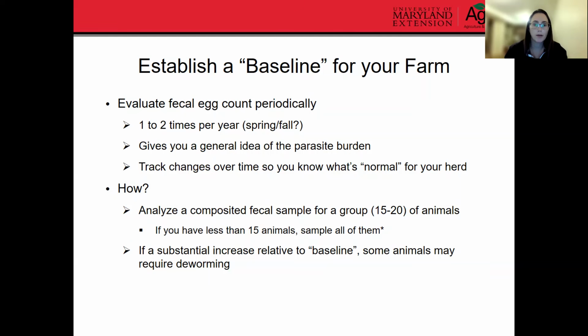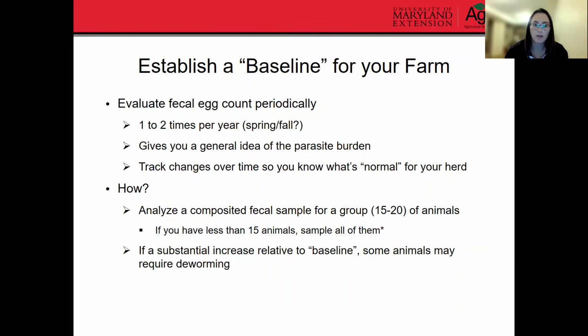How this works is you would send a composited fecal sample for a group of 15 to 20 animals. So you'd be collecting manure samples from a couple of different animals, mixing it all together, sending it to the lab, and they would analyze it for the number of eggs and get that result back to you. If you have less than 15 animals, it's a good idea to sample all of them.